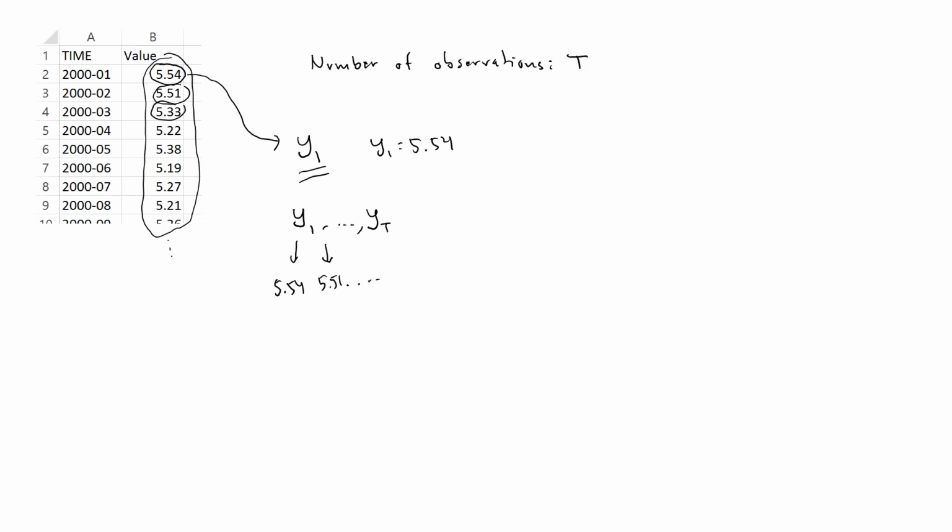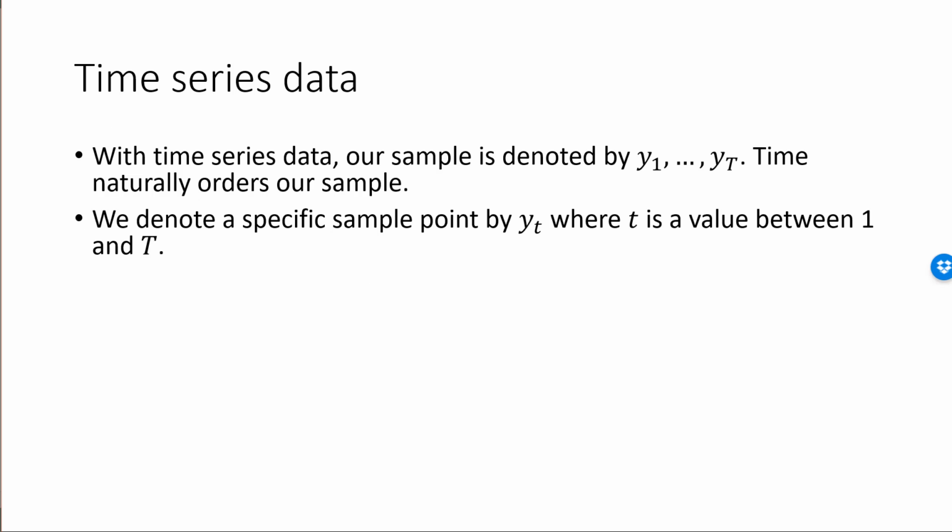We can think of going back in time and restarting time at January 2000 and letting time go forward again, and then we would get a different sequence of numbers, a different realization from the sequence of random variables. So this is actually crucial because it will be part of the model building in time series models.